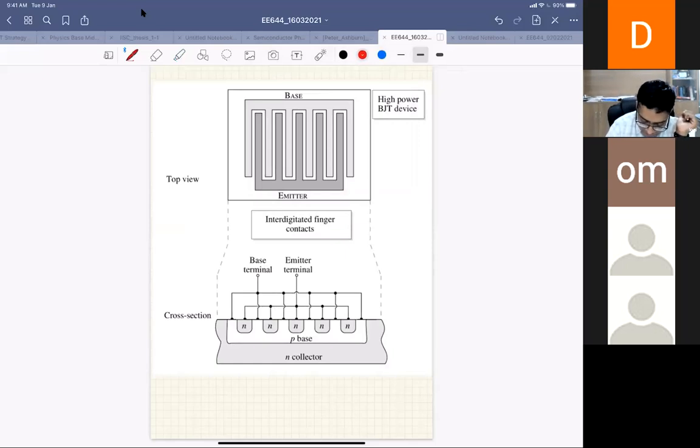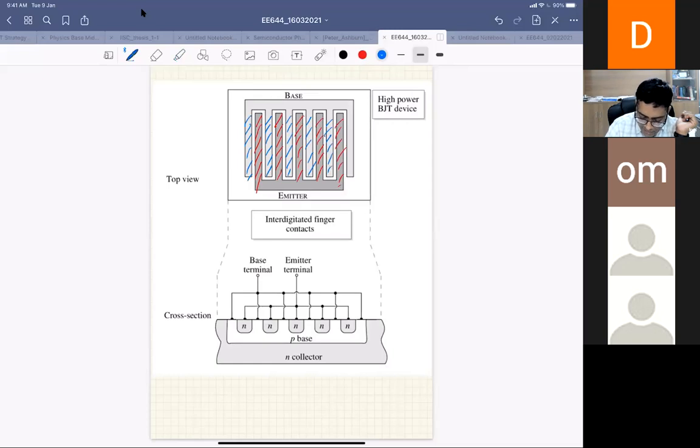So these are the emitter, let's say these are different emitter fingers, and I also have base fingers. These are base fingers here.